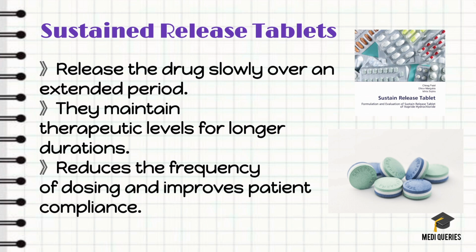They improve therapeutic efficiency and maintain steady drug levels in the blood. However, they must not be chewed or split, as that may destroy the release mechanism. These are ideal for chronic conditions like hypertension, diabetes or asthma.